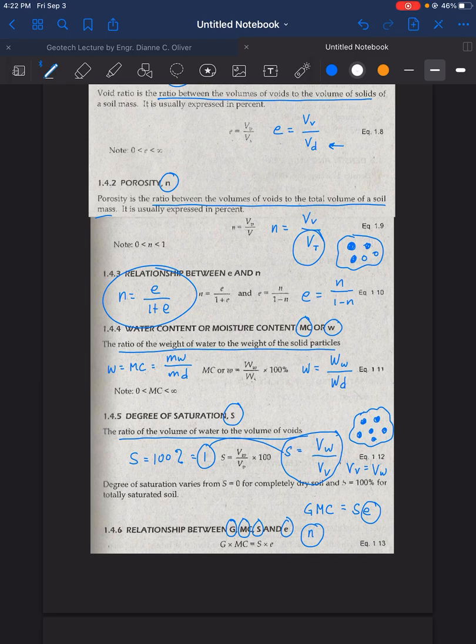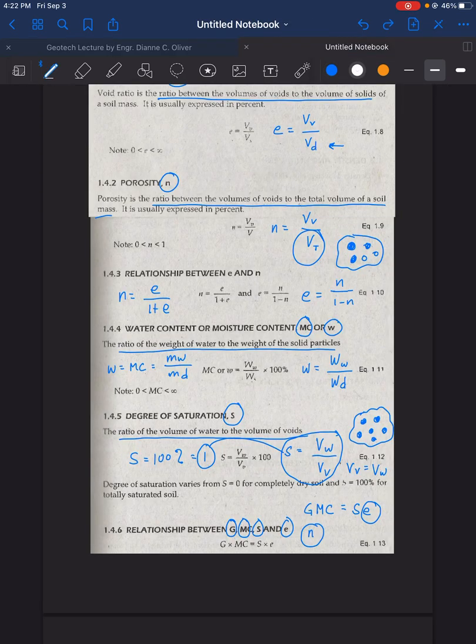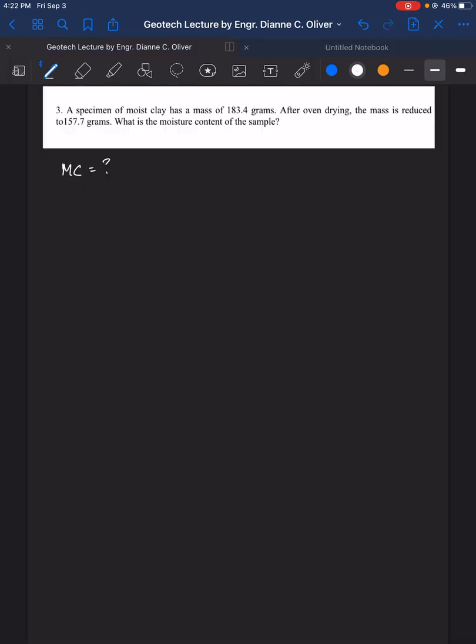It depends if we are using mass or weight. It says here the mass of water over the mass of dry, or the weight of water over the weight of dry. So it means simply water over dry. So the pure water over the solids.